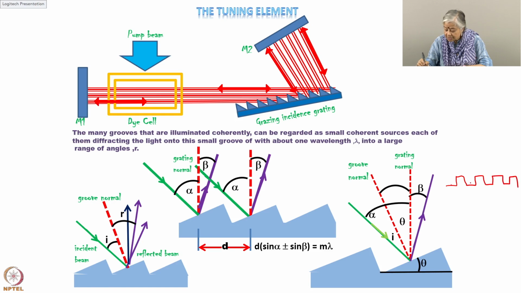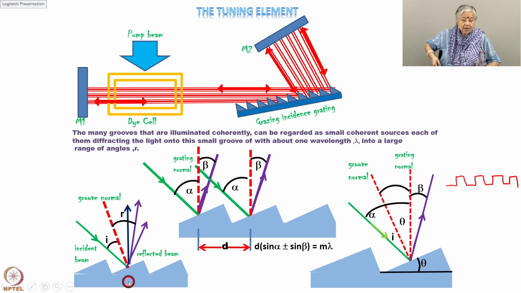Okay. So, they need not have had that angle, but that angle is a very important angle, and the moment you have that angle, if you had a grating like this, you would be describing only the grating normal. You will not think about the groove normal, because it is at a slant like this, because the grooves are at a slant like this, you need to describe a groove normal.